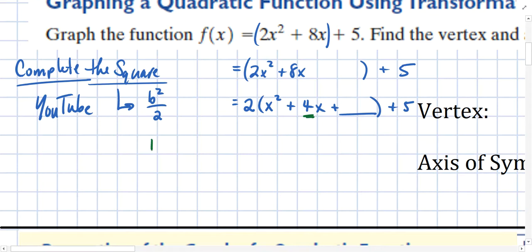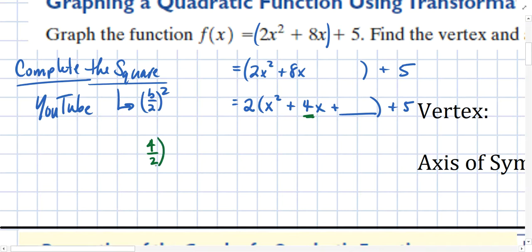In this case, this b value is 4. And let me just clarify this here. It's not b squared divided by 4, but it's actually half of b, squared. Sorry about that. So there we go. b divided by 2, that quantity first, then square the result. So our b value is 4.